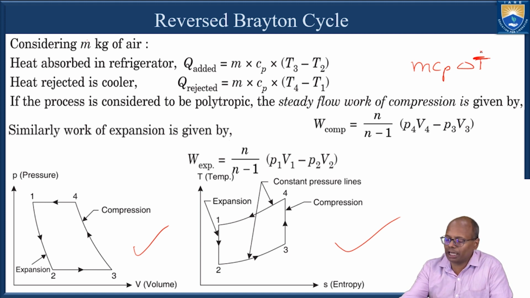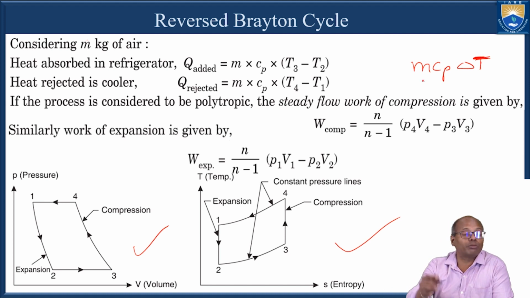Now what is m? m is the mass of air and cp is the specific heat at constant pressure. Because we are using a constant pressure process here, we are taking the constant pressure specific heat.